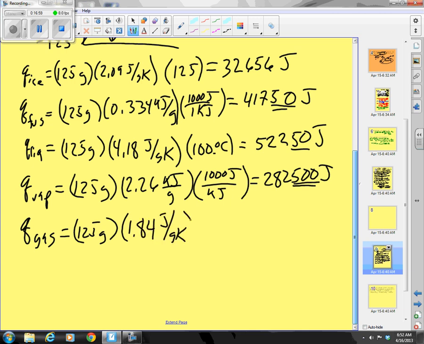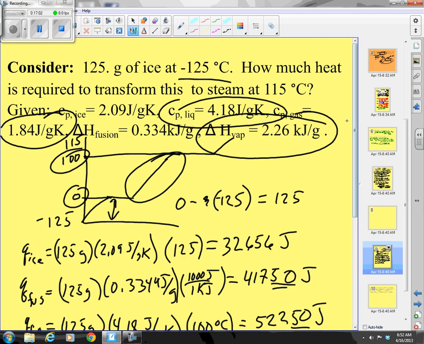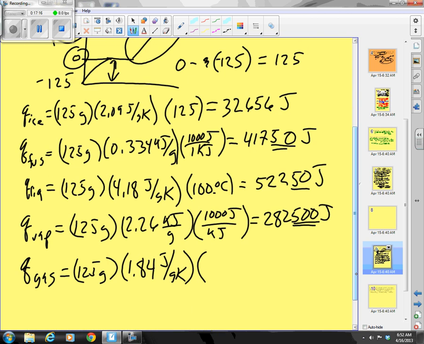And what's my delta T? 115 minus 100, and I get 15 Celsius. 125 times 1.84 times 15, and I get 3450 joules. And they only have 2 sig figs here.